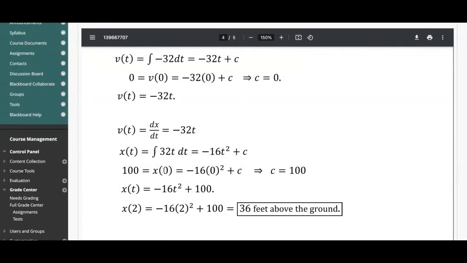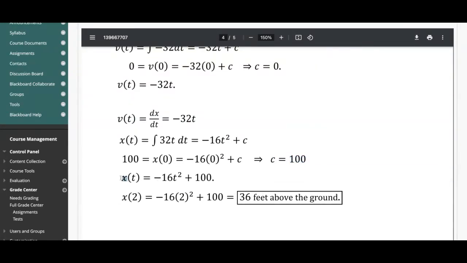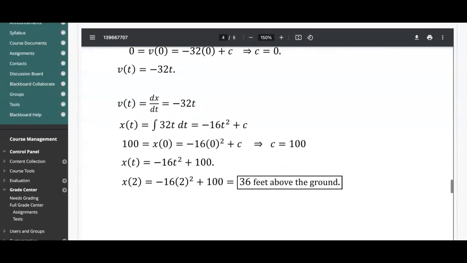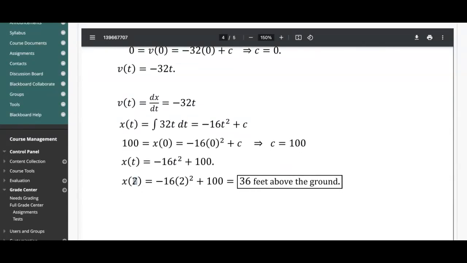So we plug in 0 for t and 100 for x of 0, and we get c equals 100. So x of t equals negative 16t squared plus 100, a downward parabola. Then we evaluate at t equals 2, plugging in 2 for t, and we get 36 feet above the ground.